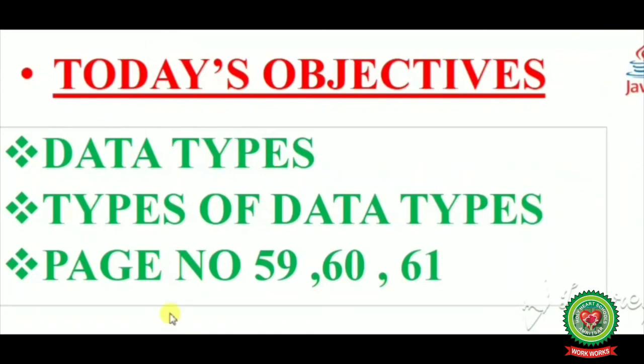So revise the topic carefully, follow the examples and explanations, and understand the definitions and the various parts of data types that we have discussed. In the next video we will come with the next topic.